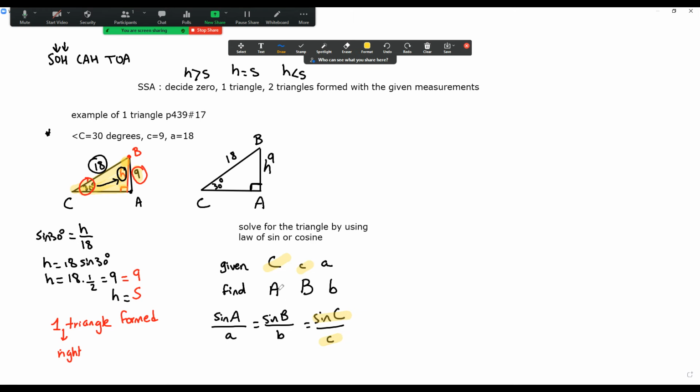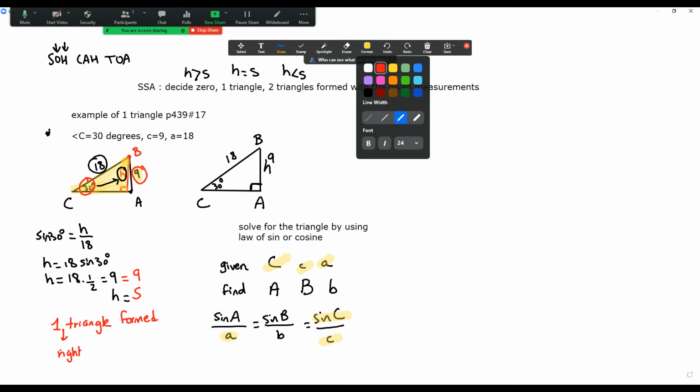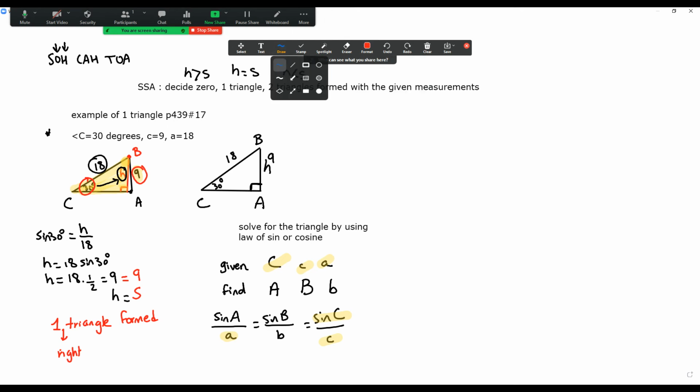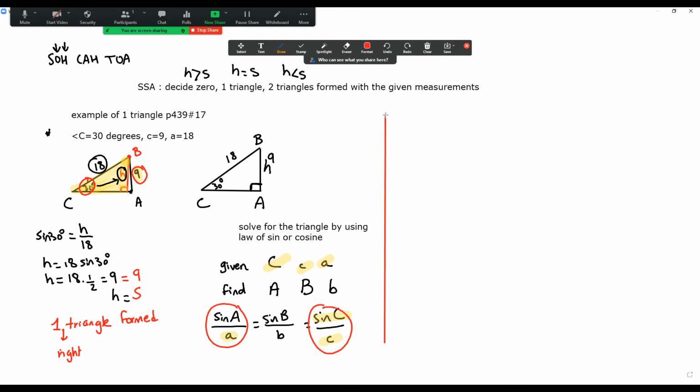I am missing angle A, but I have side A, so that could help. So this is how I will know that I'm using this with that. And I'll set up the ratio by writing sine of angle A over A equals sine of angle C over C.